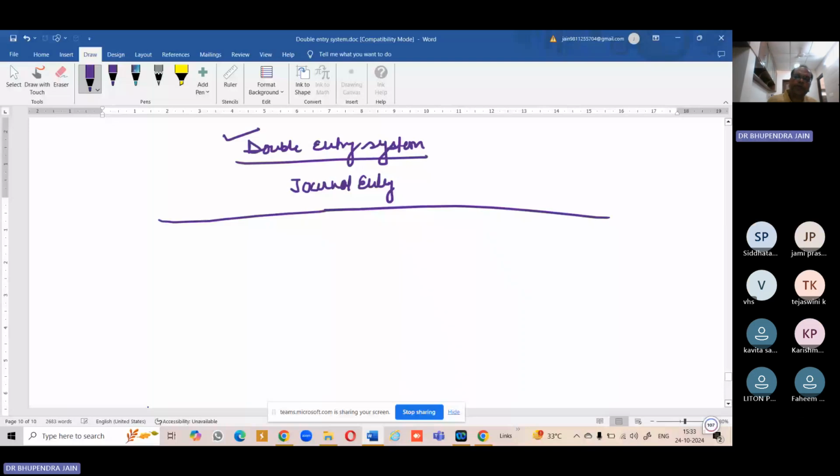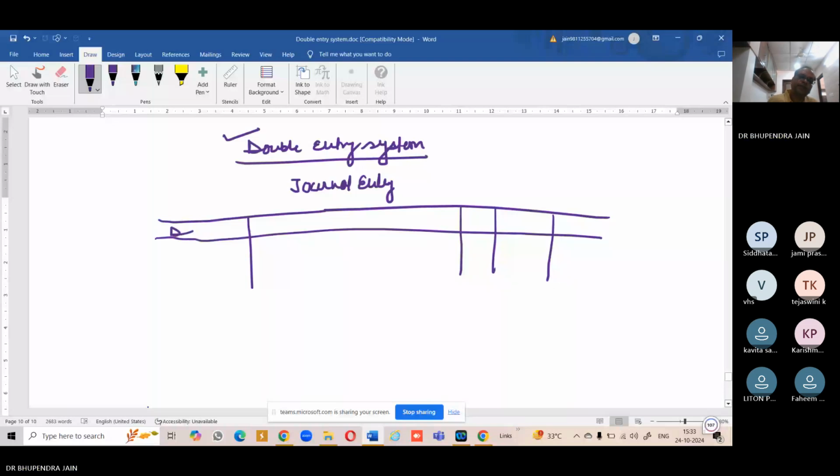So we have to prepare one book. This is called the general book. There are a total of 5 columns. Number first is date. Number second is particulars.